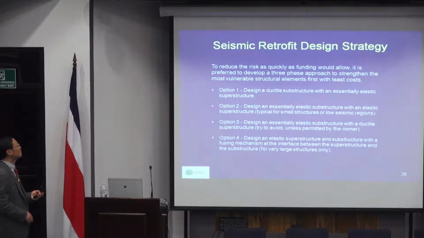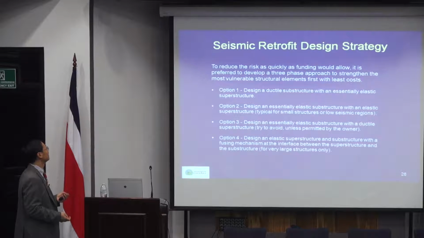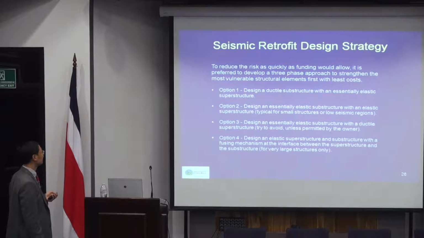So the same thing, once you've done rehab and you go back to the new design, you would know that the best approach is to build a structure very, very ductile, and then design an essential bridge with an elastic superstructure.